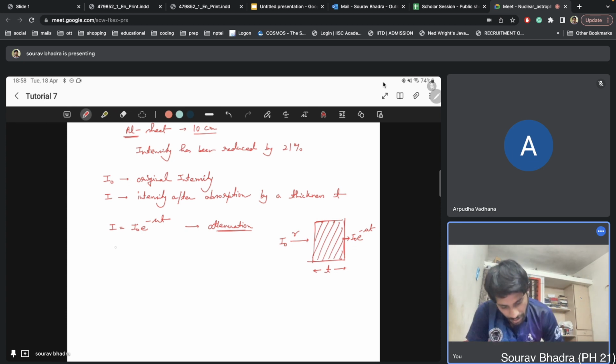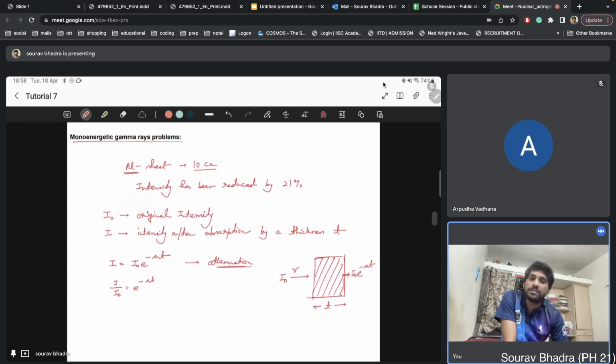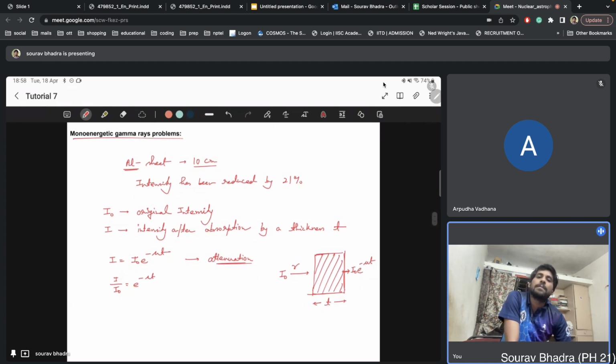So I by I0 is e to the power minus mu t, and this mu is called the linear absorption coefficient, which is a property of the particular material. I will explain at the end of the problem how calculating that mu is useful.